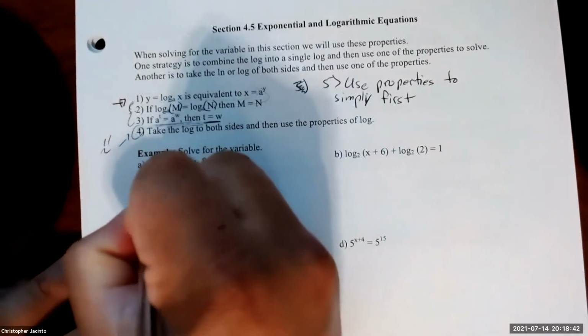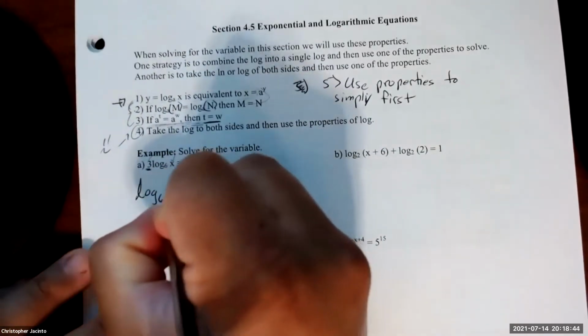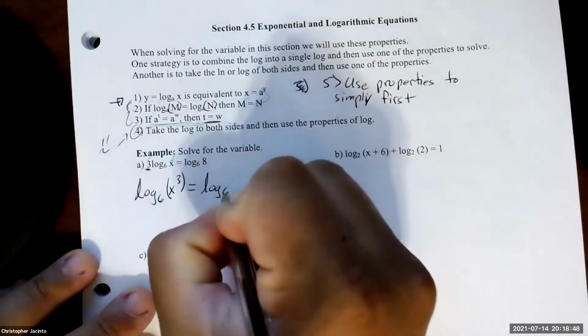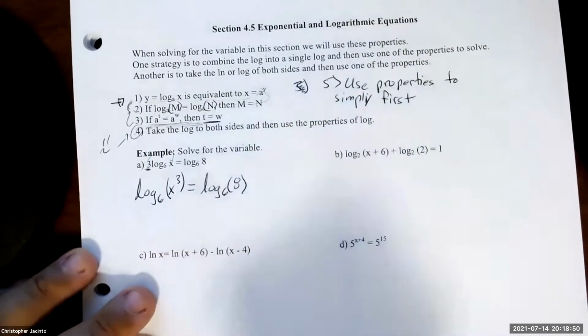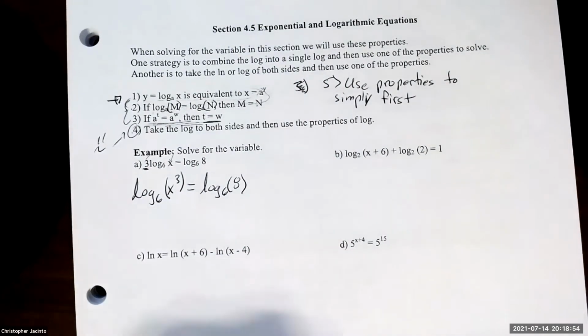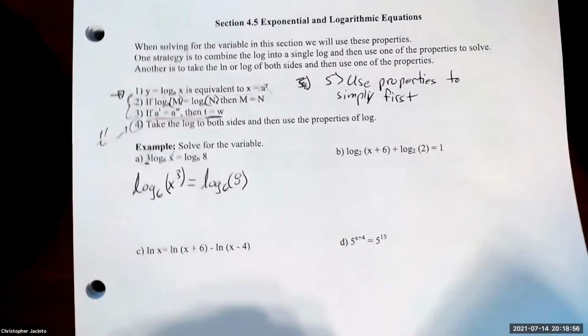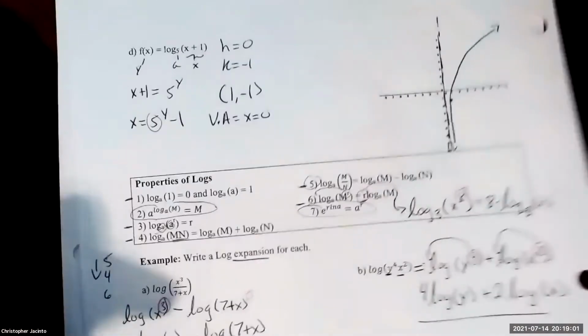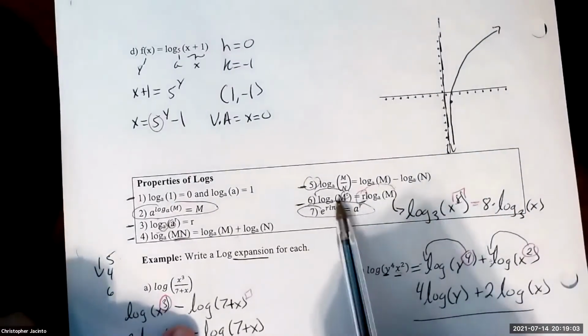So this is going to be log base 6 of x to the 3rd power equals log base 6 of 8. Right, just using the property we learned yesterday. So if you're wondering, that is property 6 here, just going backwards.